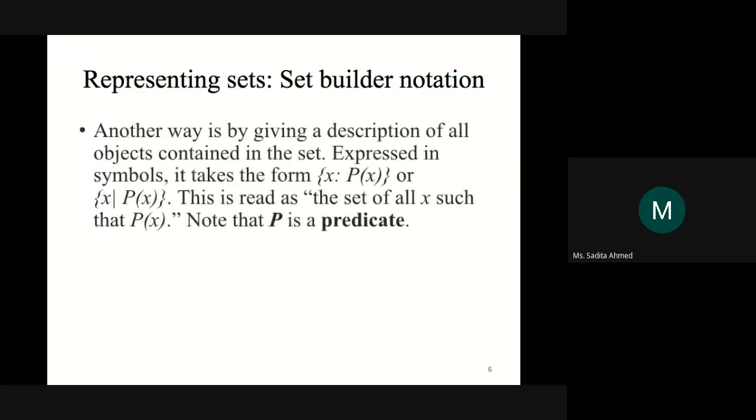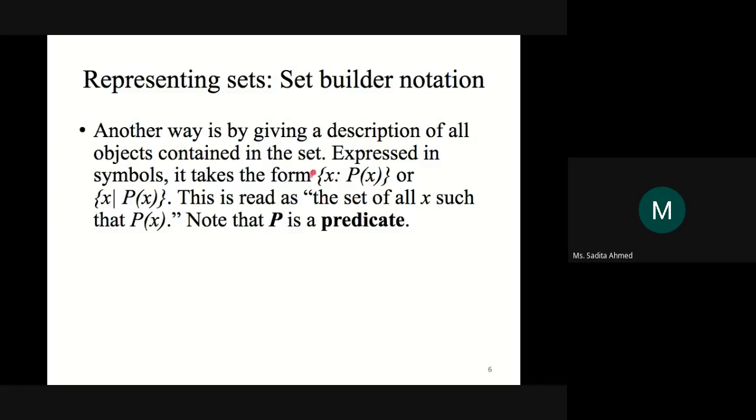In the set builder notation, we go by definition. All we do is define the characteristics that are required in order to belong to the set. The set is still represented with curly braces on two sides, and we use a predicate or a propositional function to define the characteristics that an element must have in order to belong to that set.